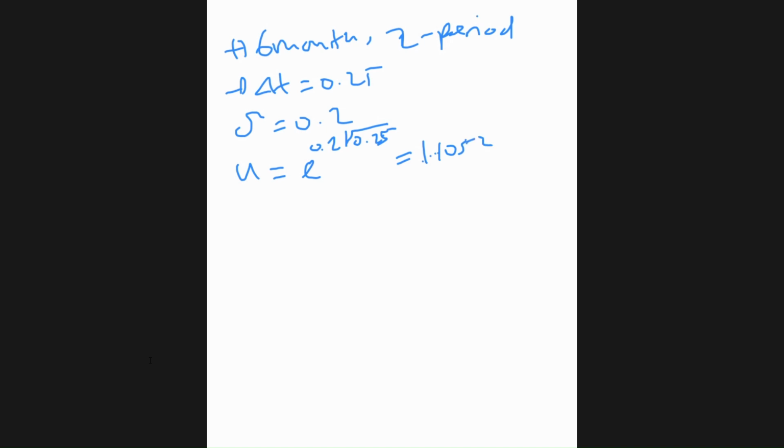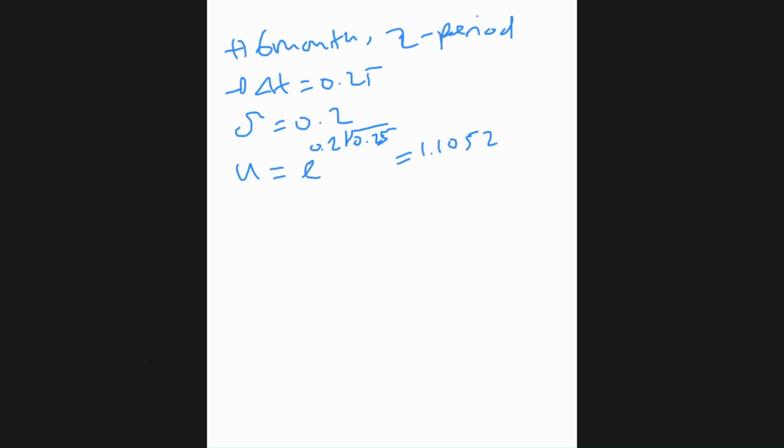That is not the probability, it is a factor. U is the factor, a multiplier that tells you how many times the price will go up. So it is 1.1052, the multiplier factor by which the price will go up.